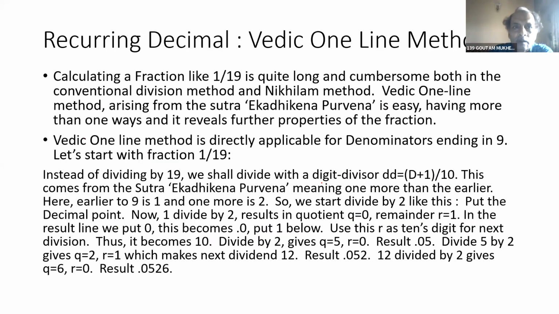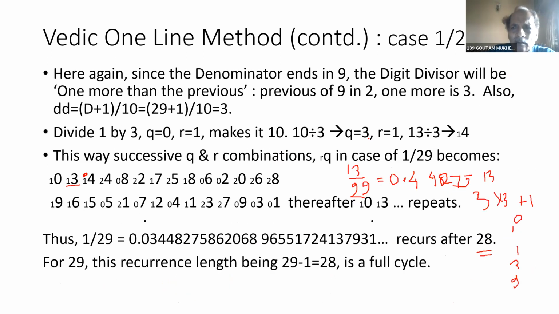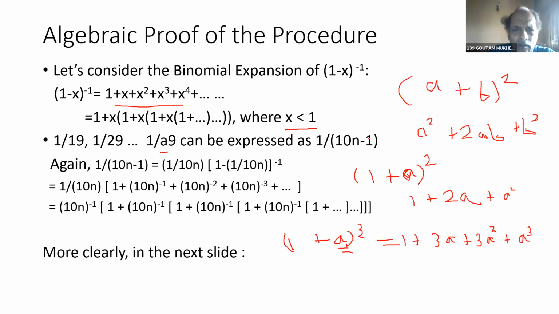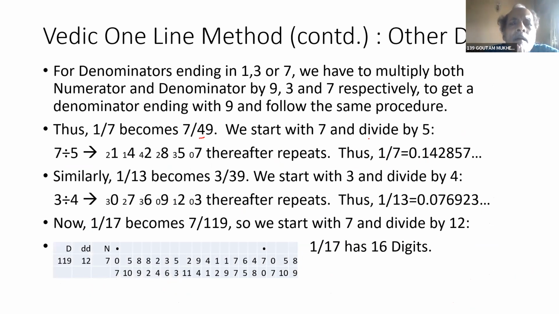Gautam, just a minute. If you go back to the slide wherein you have 7 by 29, 1 by 29, 7 by 49. We said 7 by 49 is 7 by 5. Here 7 divided by 5 means 5 ones are 5, carry 2, then 5 ones are 5, carry 4.